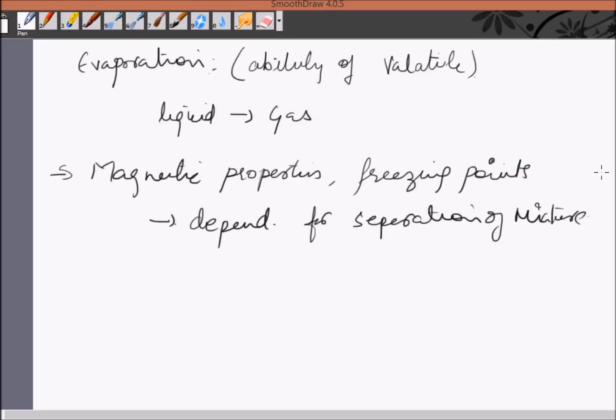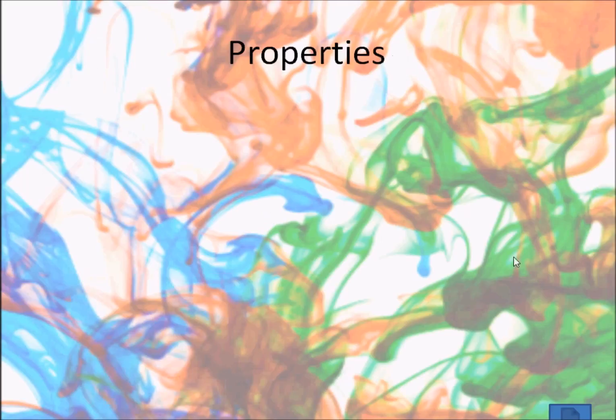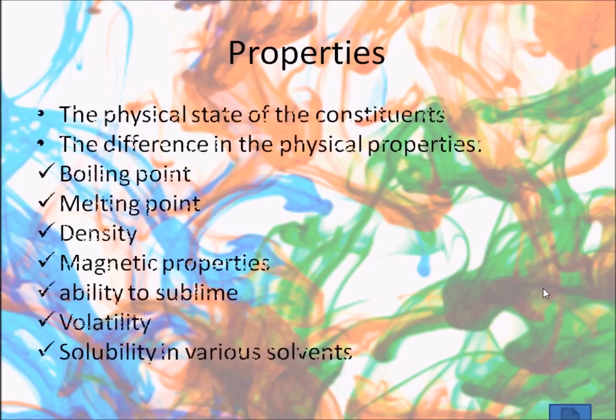So friends, now you have understood the properties on which we depend, we actually see these properties when we want to separate the mixture into its constituent particles. So let's brief it out now.